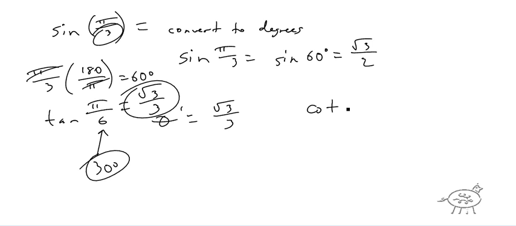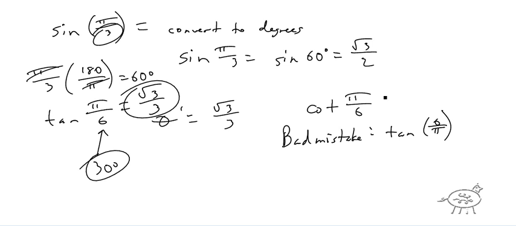How about cotangent of pi over 6? Now, this is a really bad mistake: doing the tangent of 6 over pi. That's just as bad as saying the cotangent of 30 degrees is the tangent of 1 over 30 degrees. That's really bad. Don't do that. Cotangent of pi over 6 is the same thing that we did before, math fans.